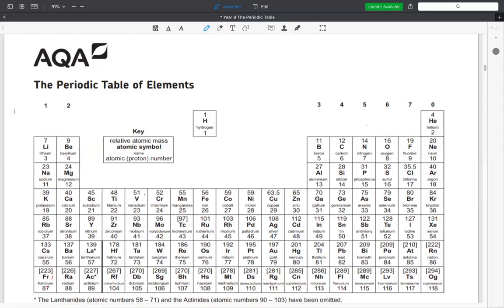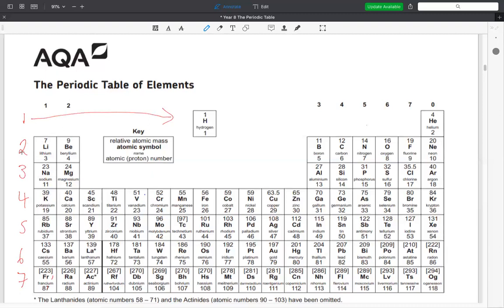But basically, periods are describing the pattern as we go down a group. So what would help is if you write 1, 2, 3, 4, 5, 6, 7 along the side. The 1 is just matching with the hydrogen.